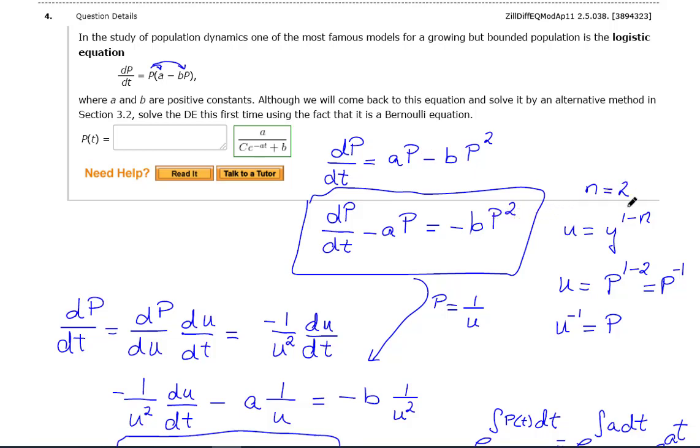So n is 2. The normal substitution is u equals y to the 1 minus n. So that's p to the 1 minus 2, which is negative 1. Or p is 1 over u. So the derivative of this with respect to t then is minus 1 over u squared.